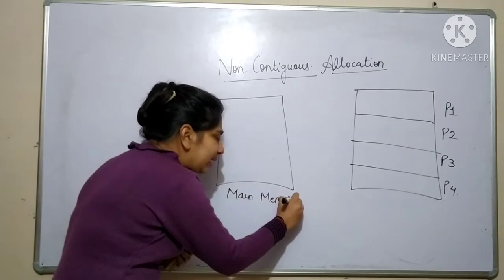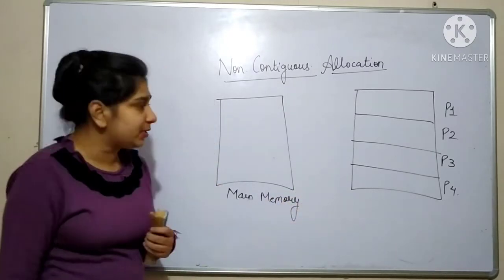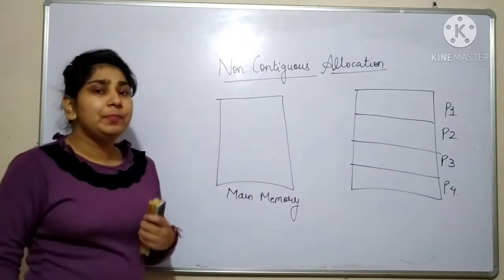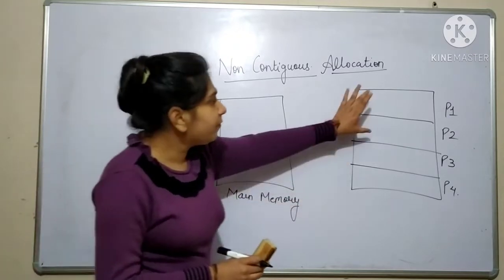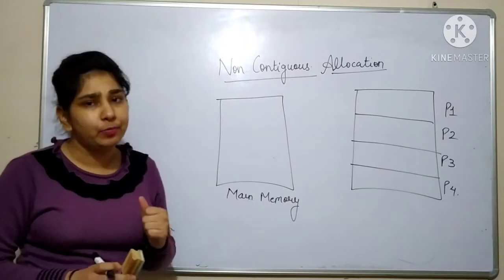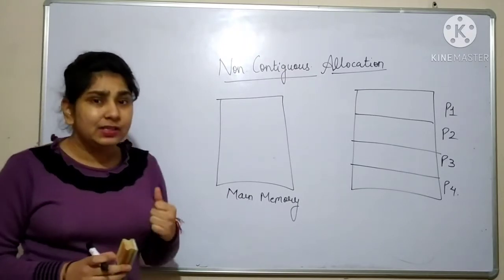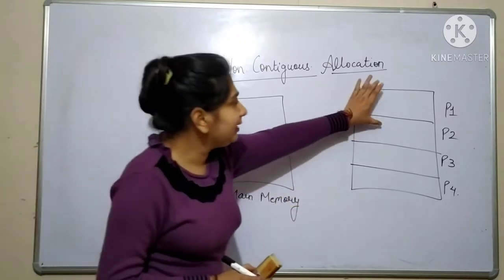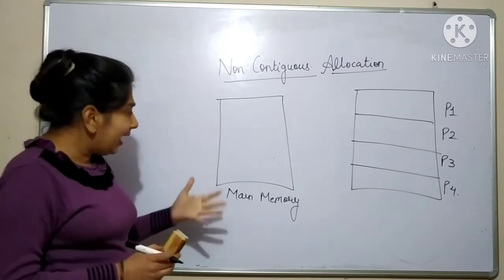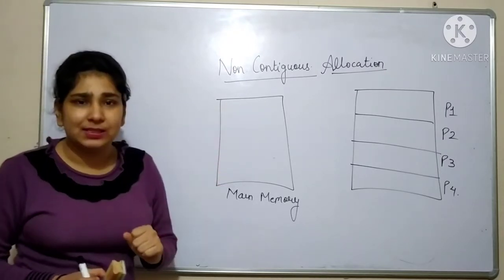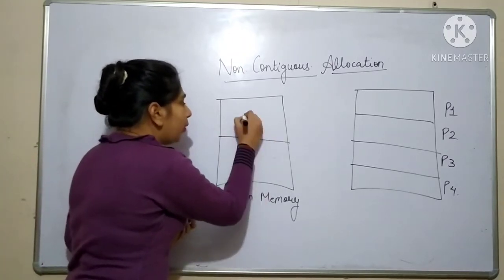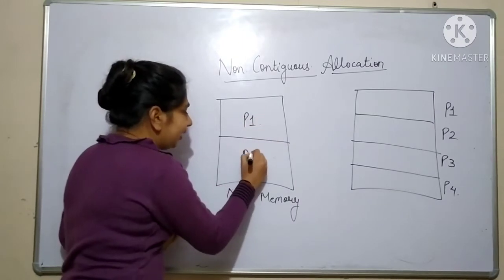In contiguous allocation, we store the complete process, all of the instructions of your process, in the main memory. So that is quite obvious: if your entire process is going to be kept in the main memory, then the total number of processes is going to be very less.